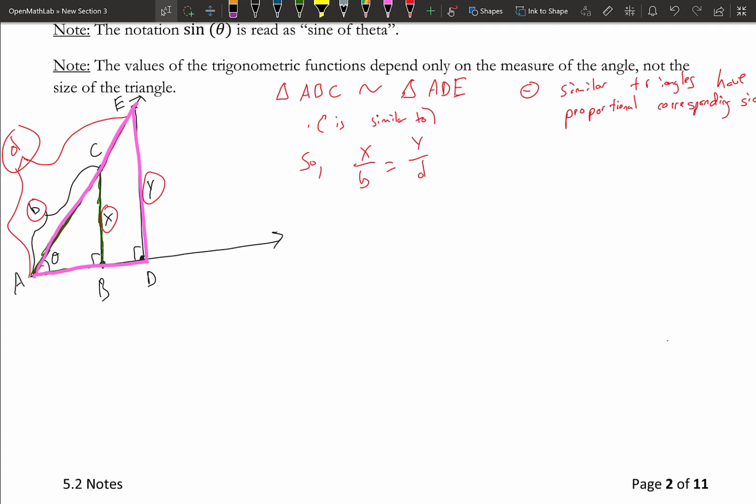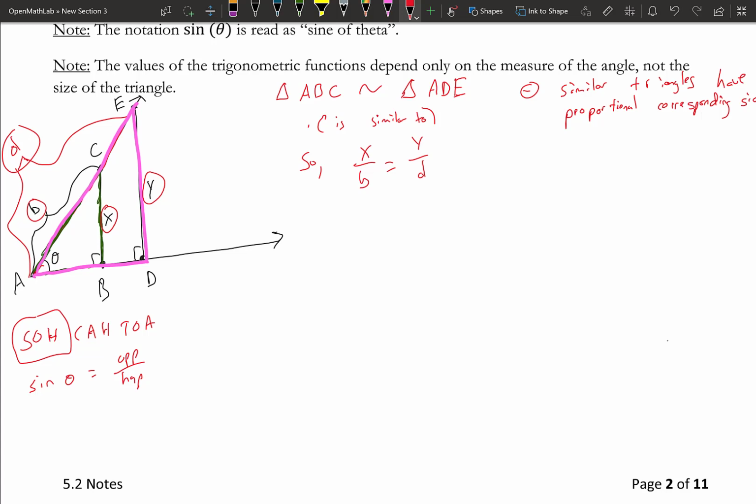As I was mentioning, opposite over hypotenuse is looking at sine. Sine has to do with opposite over hypotenuse. We can look at SOHCAHTOA: sine of theta is opposite over hypotenuse.